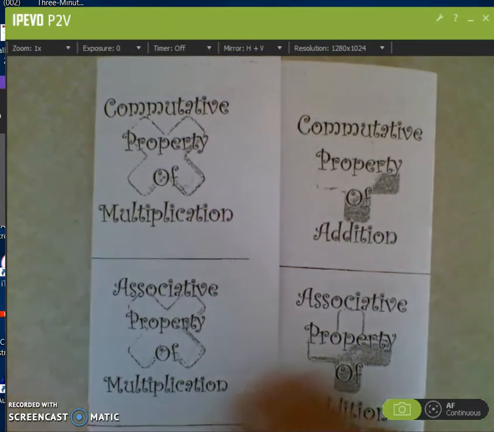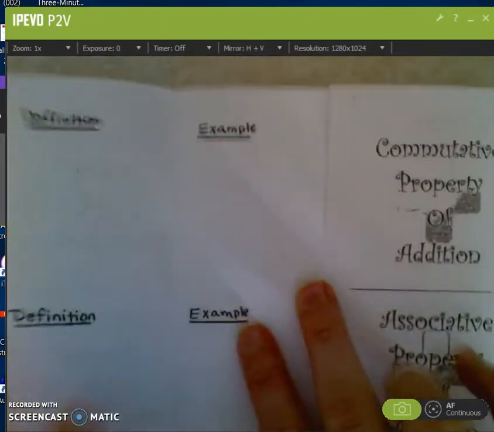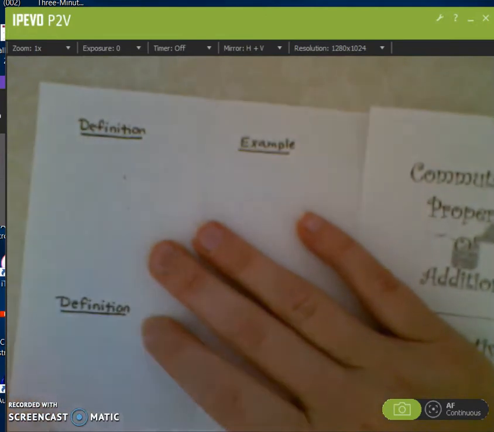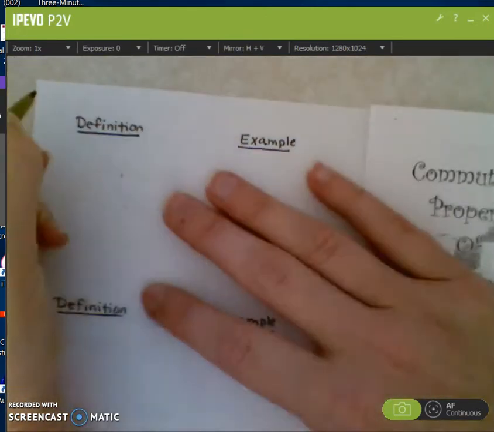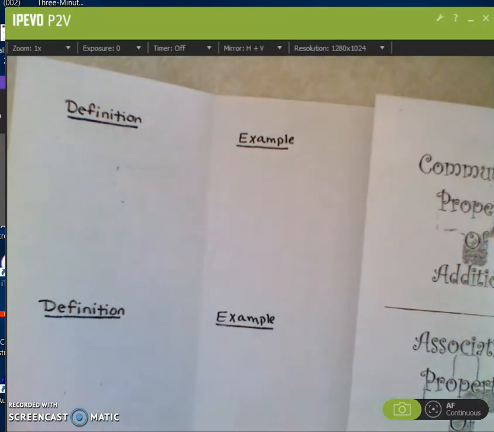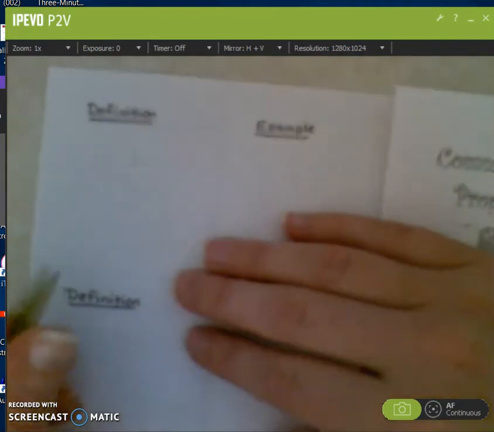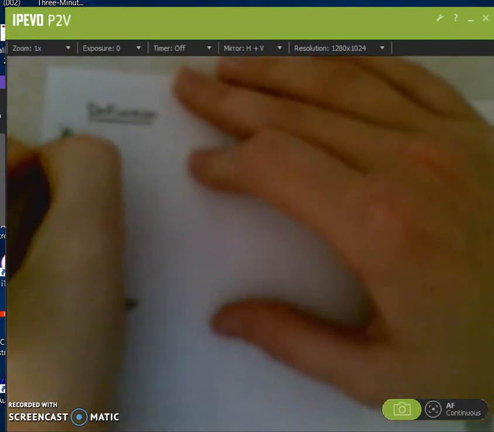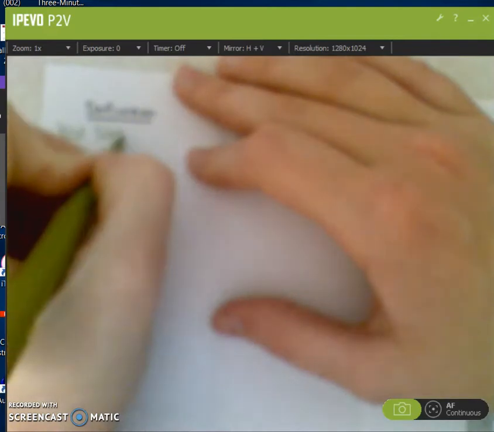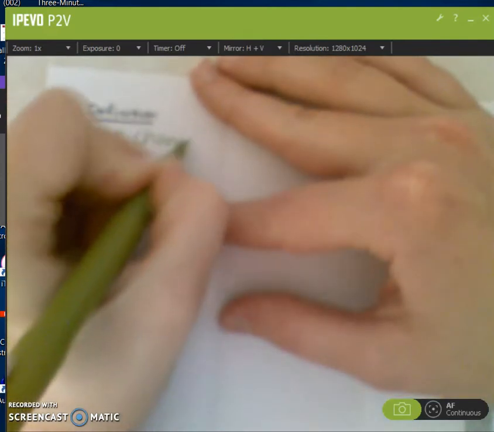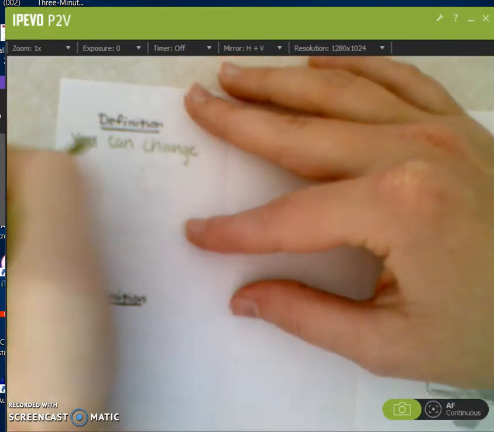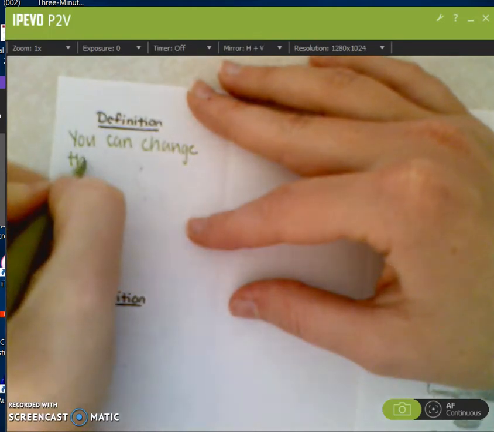So the commutative property of multiplication, if you open this up, the definition of the commutative property is you can change the order of how you multiply and still get the same answer.